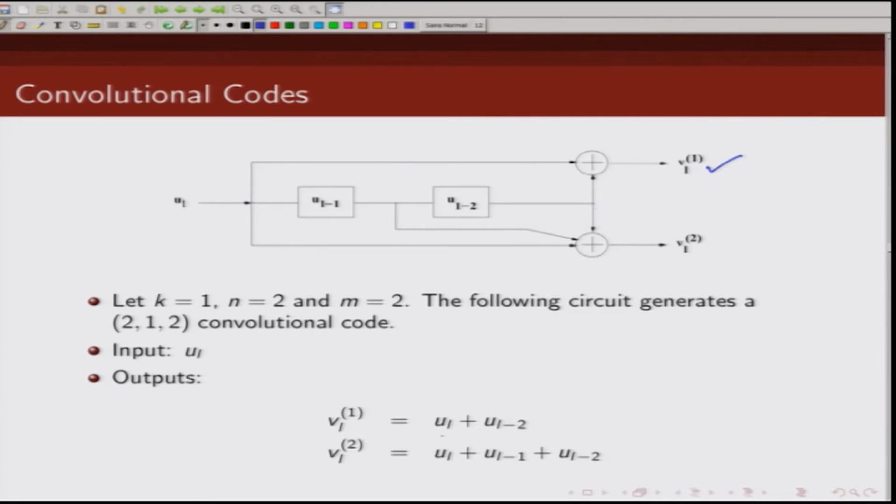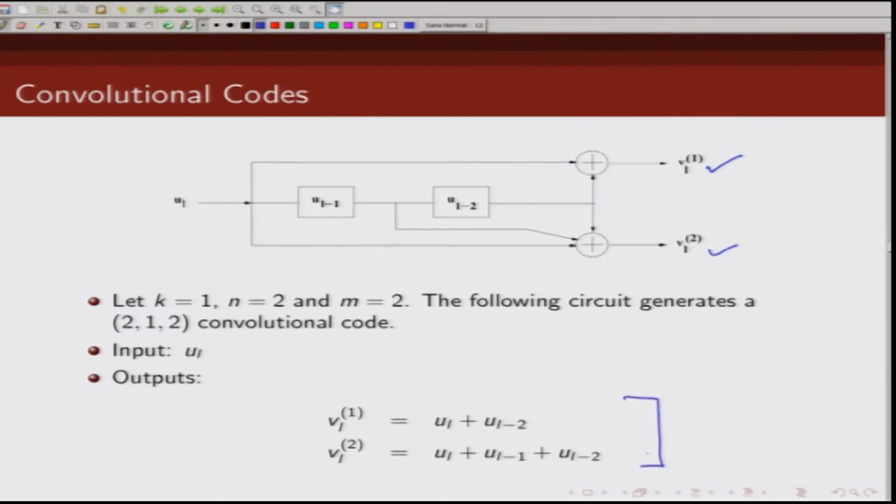So, in other words, it depends on the current input and the past two values basically. And similarly, this one depends on the current input, one past input, and this U_{l-2}. So, this is basically how.